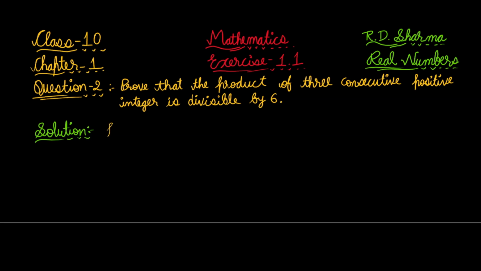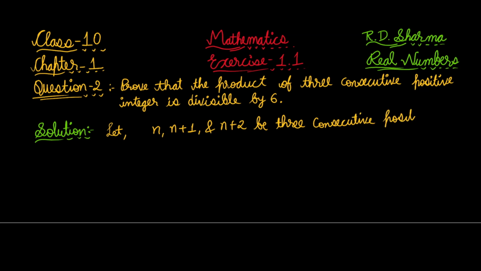So we will let n, n plus 1 and n plus 2 be three consecutive positive integers for integer n.